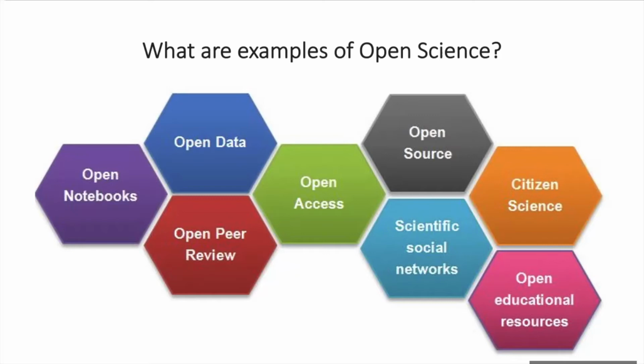Another area is referred to as citizen science, and I think this is at the core of what open science is attempting to achieve. It's described as public participation in scientific research.